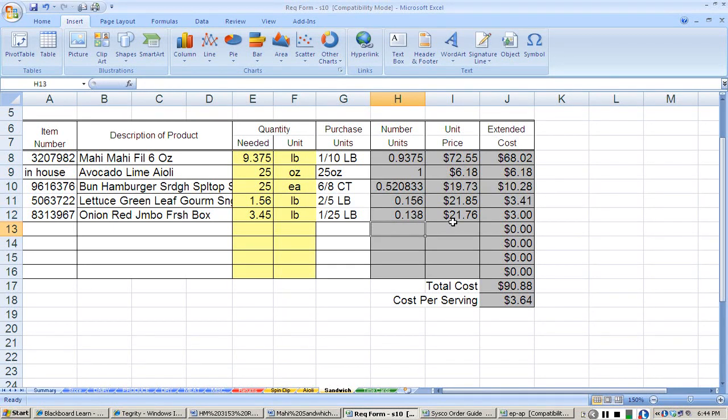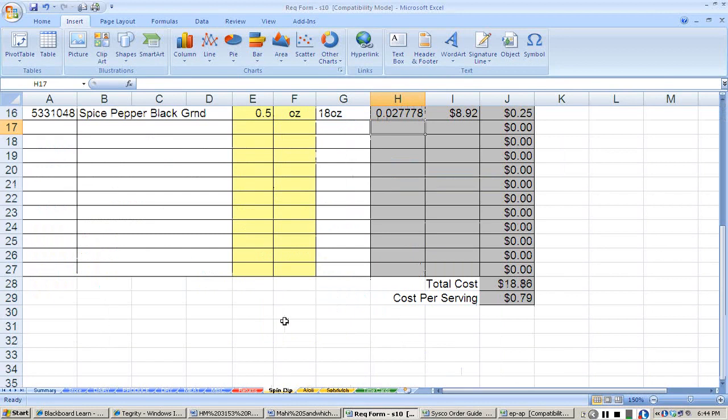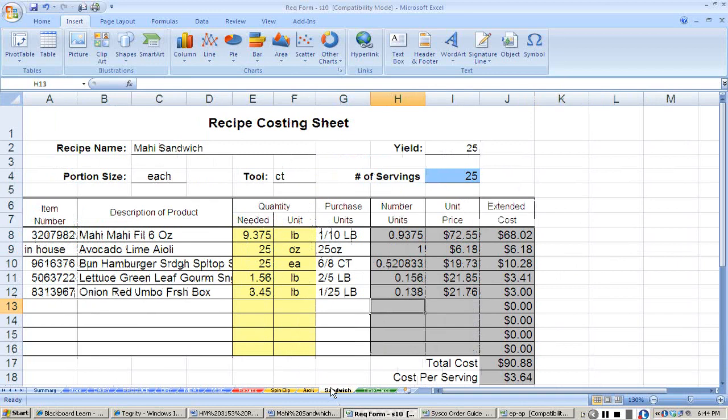So it looks like our mahi sandwich cost us $3.64. So that's the answers that you should have got for your assignment. So cost per serving for the sandwich, $3.64. Cost per serving for the spinach dip was 79 cents, and the aioli was 25 cents, which basically went into the sandwich recipe. And that completes this assignment.